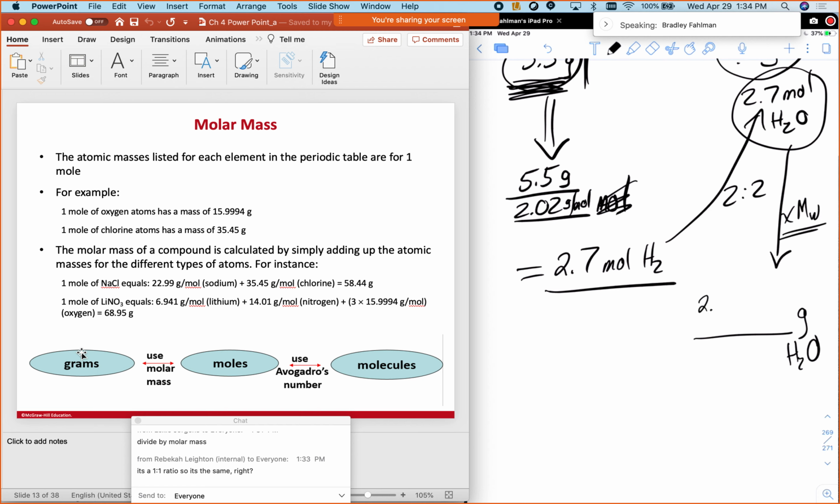That'll be 2.7 moles times 18 grams per mole, since that's an oxygen and 2 hydrogens. So 2.7 times 18 gives you 48.6 grams of water.